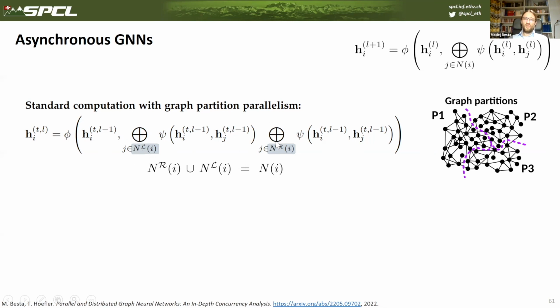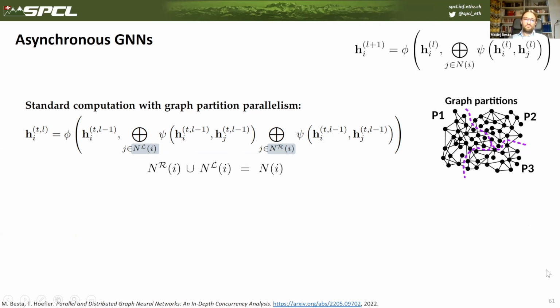On the right side, we do the aggregation across our remote neighborhood, so the remote neighbors that are maybe in other graph partitions, right? Of course, we must be able to compute their union, and this union must be the initial neighborhood of vertex i, right? And then once we have the outcomes of these two aggregations separately for the local and the remote ones, we can conduct their final aggregation, so aggregate them together to the final score, right?